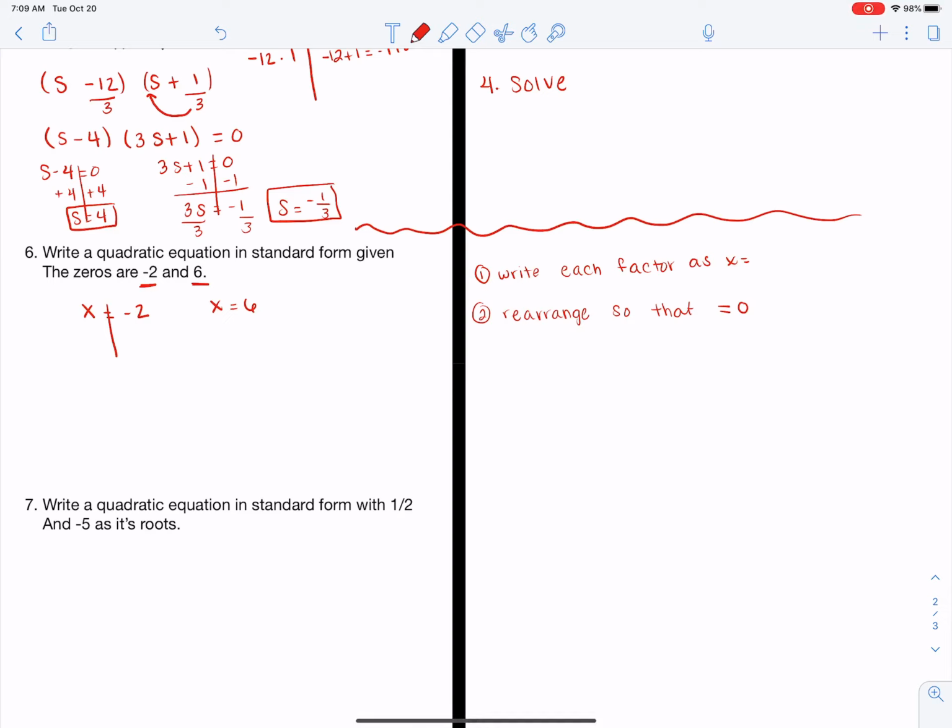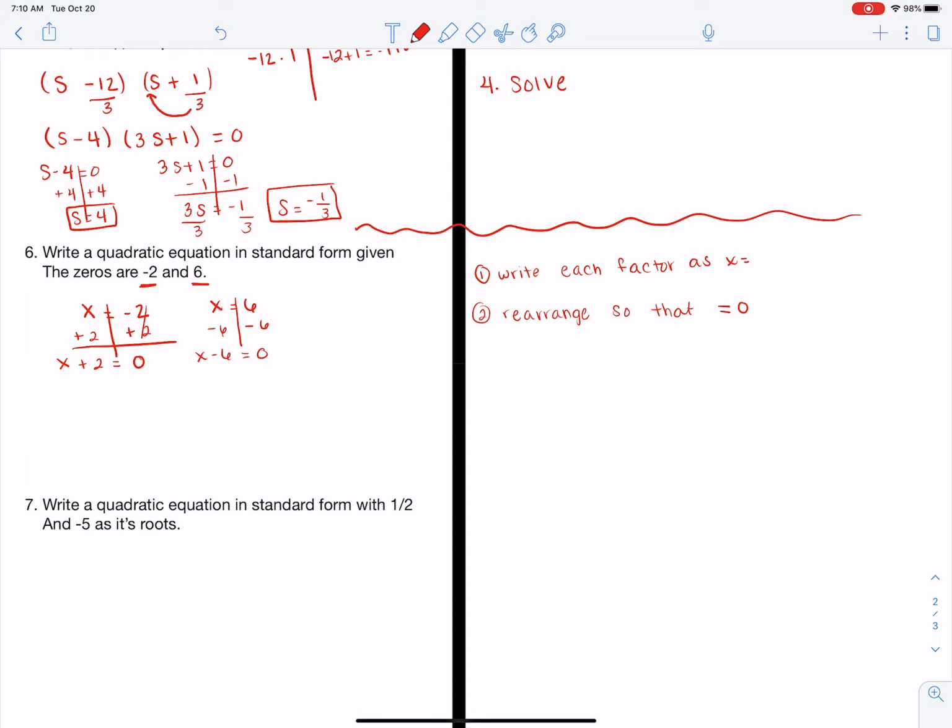So if I want it to equal 0, I need to add 2 to both sides. So then I have x plus 2 equals negative 2 plus 2 cancels, so 0. Okay, good, so I've done that. Now the next one, in order to get rid of the 6, I need to subtract it. So x minus 6 equals 0.